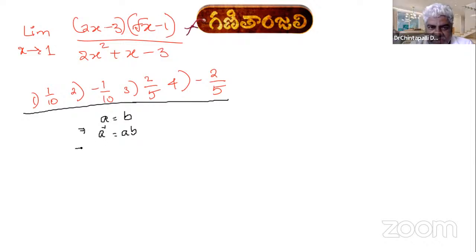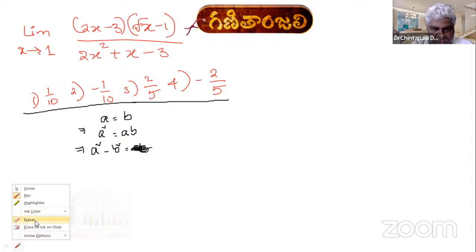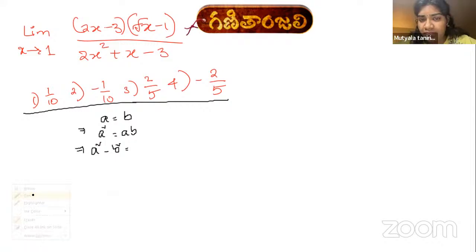Subtract B square on both sides. Then A square minus B square equals AB minus B square.